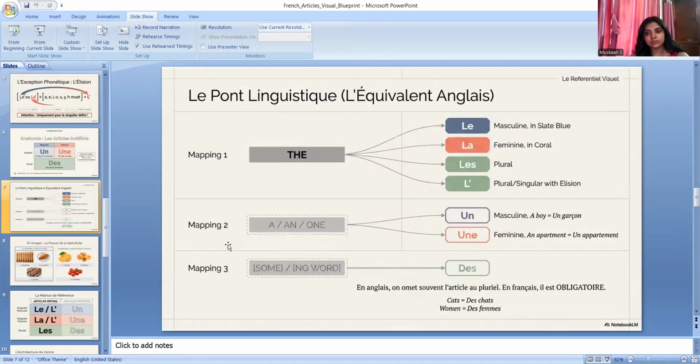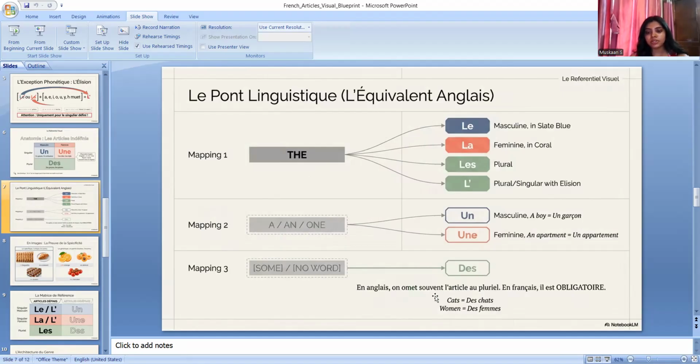Now let's revise a little bit. For definite ones: le, masculine; la, feminine; les, plural; and L apostrophe for voyelle. And now for indefinite ones, there are a and an: un, masculine; une, feminine. Un garçon, a boy; un appartement, an apartment; and "some" or no word: des.